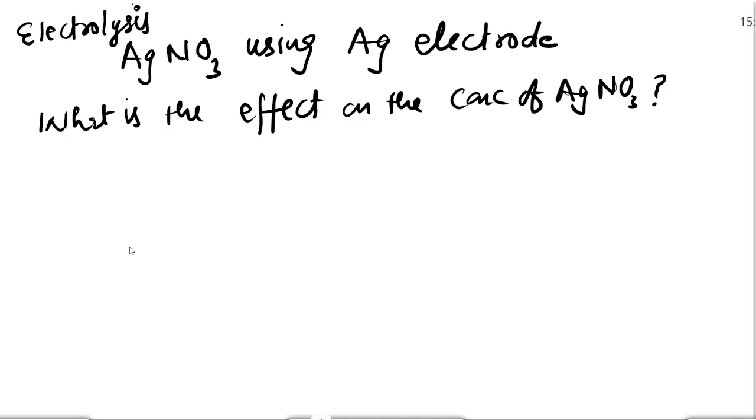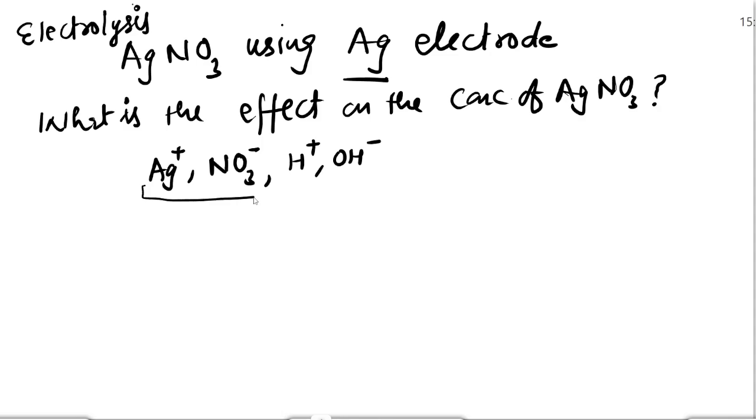Is silver an active electrode? Yes, silver is an active electrode. Very good. So it will oxidize and reduce silver. And what is the effect on the concentration of silver nitrate? It remains the same. Very good.